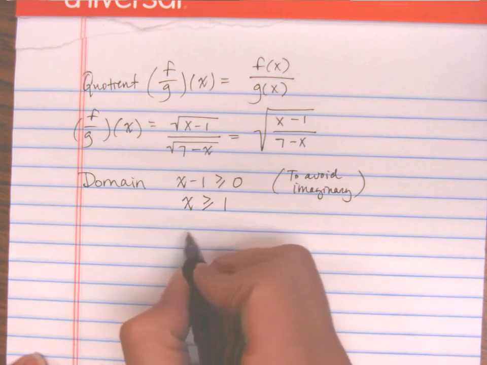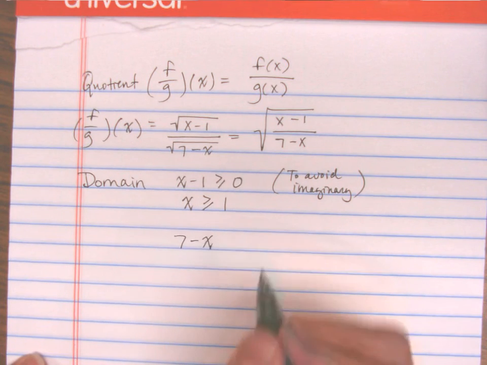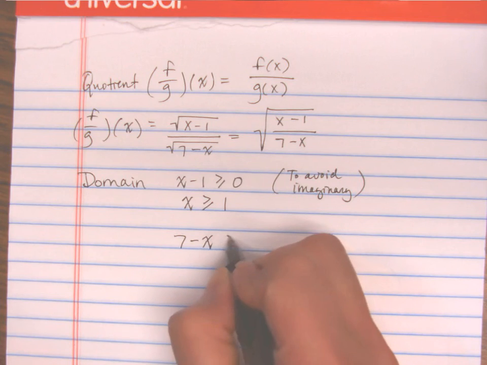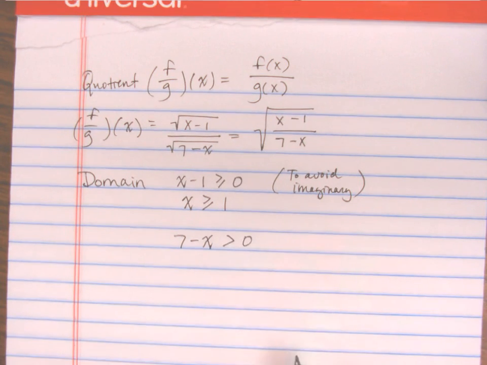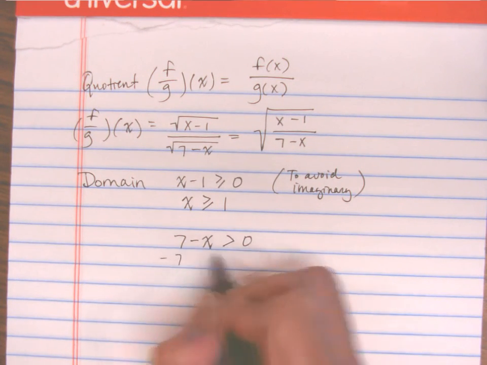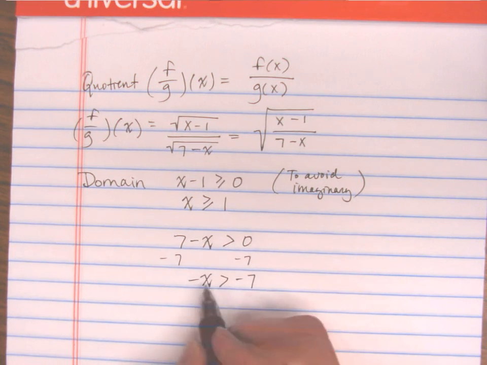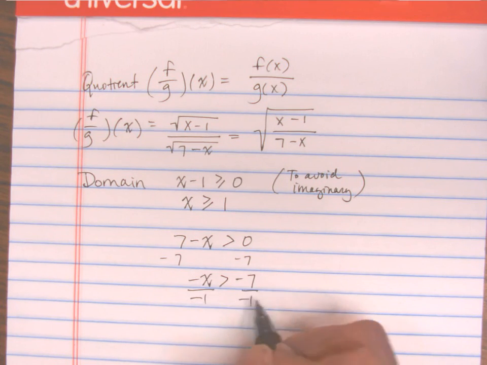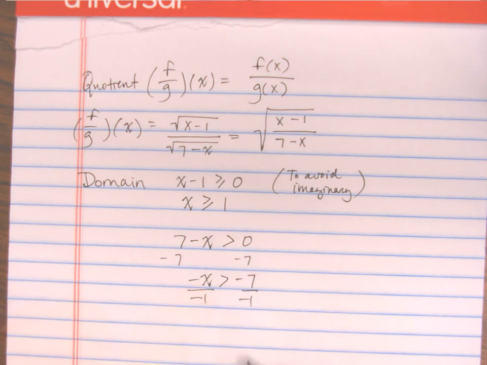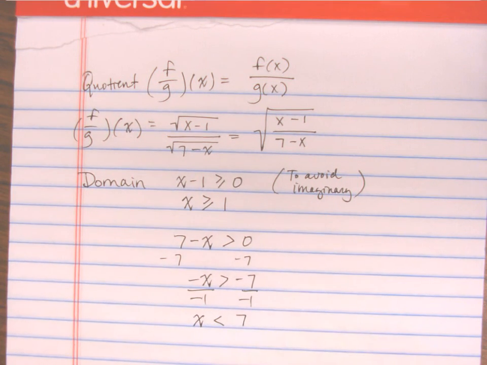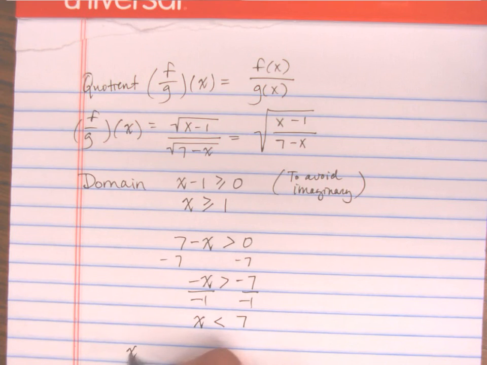And my denominator, I have 7 minus x. And on this one, I can't have it equal to 0, so I need it to be strictly greater than 0. So subtracting 7 from both sides, I get negative x is greater than negative 7. Dividing both sides by negative 1, to get rid of that minus sign in front of the x, I get x is strictly less than positive 7. So my domain here is x, such that 1 is less than or equal to x, which is strictly less than 7.